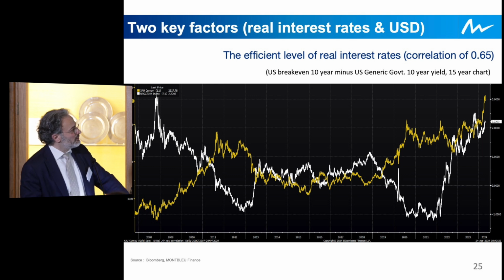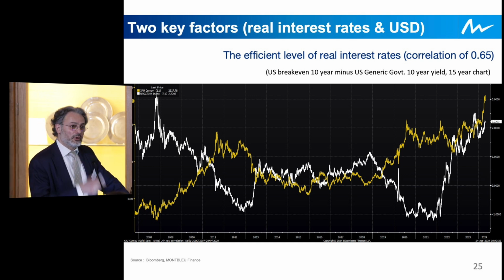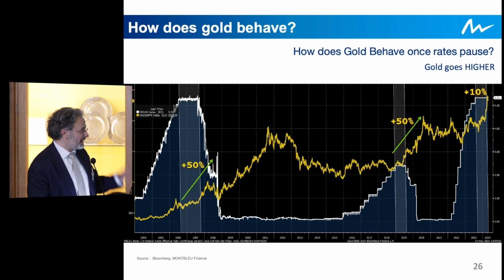And right now, there is a lot of speculation about why real rates are going up and gold is going up. But to me, this is a period of time where we shouldn't focus on that. We should focus on what I said earlier: expectations for lower inflation and for lower rates. This is exactly what it's telling us.